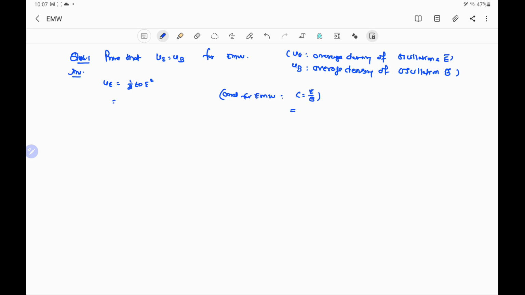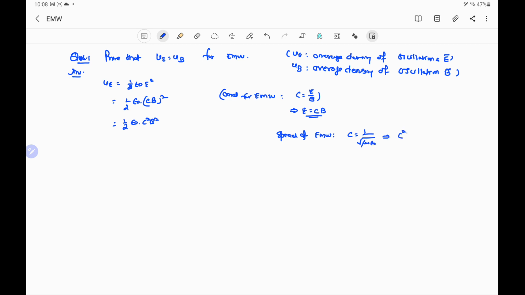So this implies that E equal to CB, and substituting the value of E here, we will have half epsilon naught into CB square. It is equal to 1 by 2 epsilon naught C square B square, and the speed of electromagnetic wave in vacuum is C equal to 1 by square root of mu naught epsilon naught.